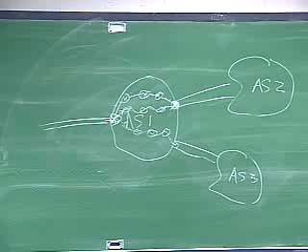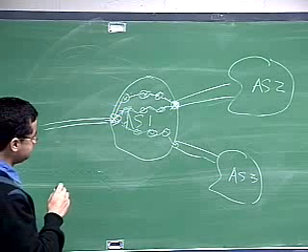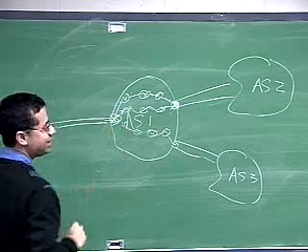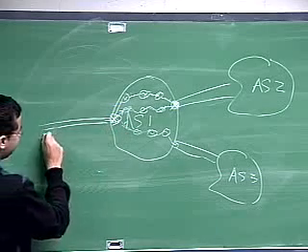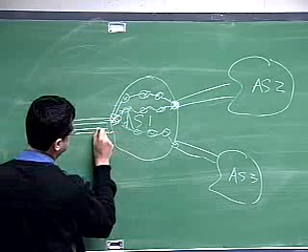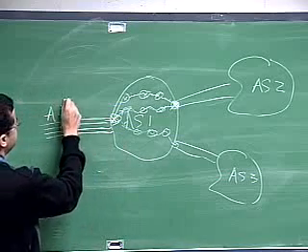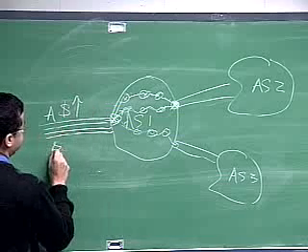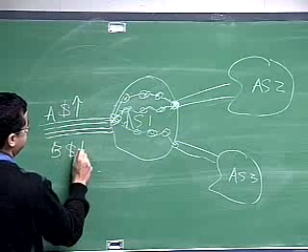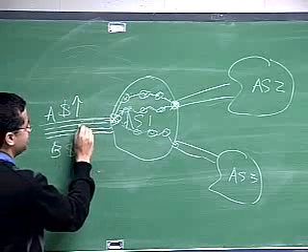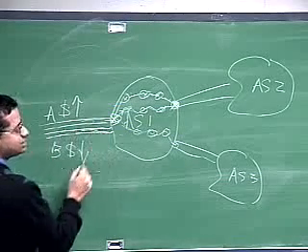Another example could be, suppose this is an ISP and it has 2 different kinds of customers. Customer A is paying more than customer B. So customer A's packets arrive, customer B's packets arrive.